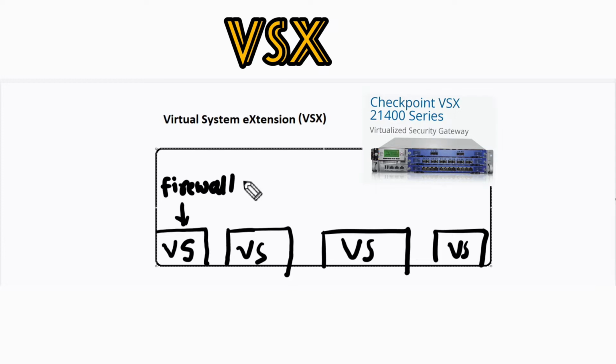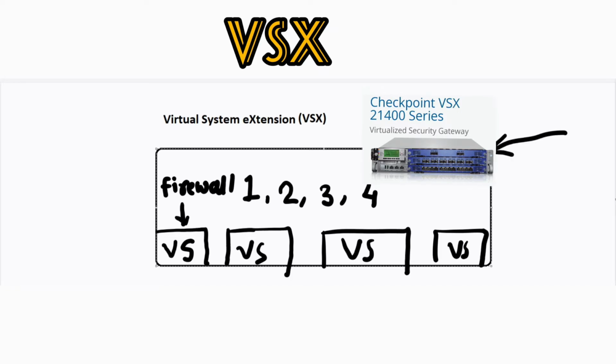So you can have multiple virtual systems, multiple firewalls, for multiple firewalling purposes. Basically, each virtual system works as a security gateway or a firewall, which typically protects a separate network.